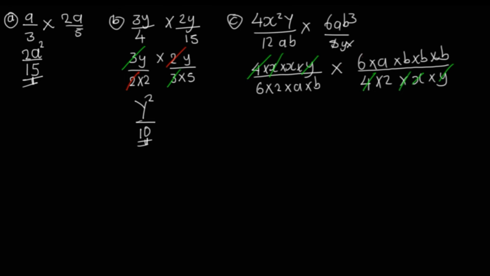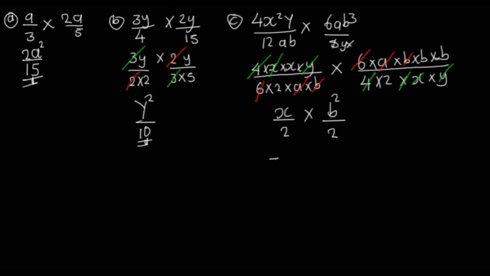Here we can cancel this 6 and this 6, this a and this a, and the 1b and also this 1b. Now we can write the remaining. On top of the first part here, we have x over, then on the denominator part we only have a 2. From this side we have b squared over 2.